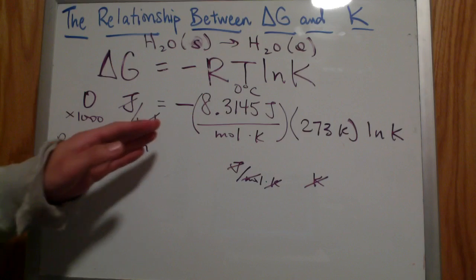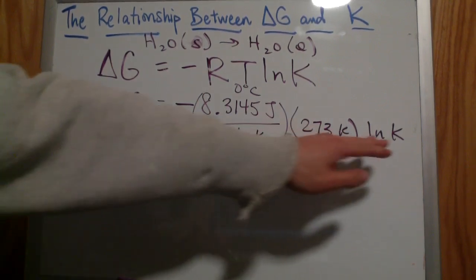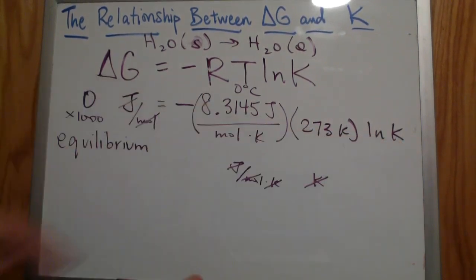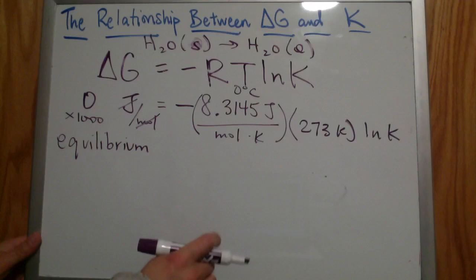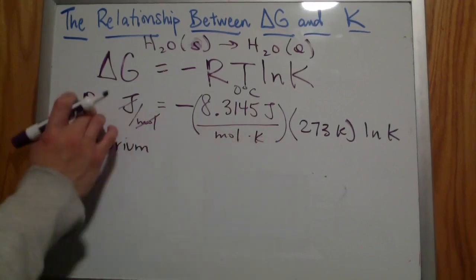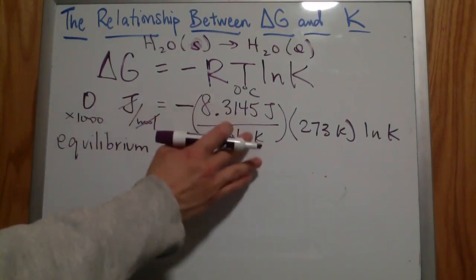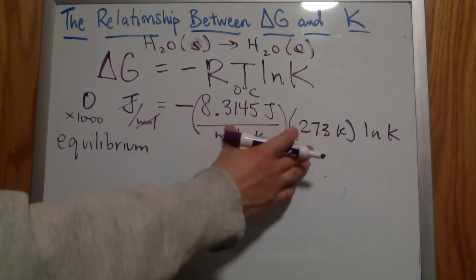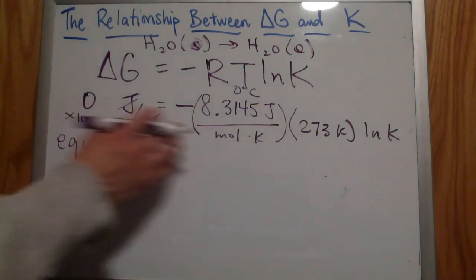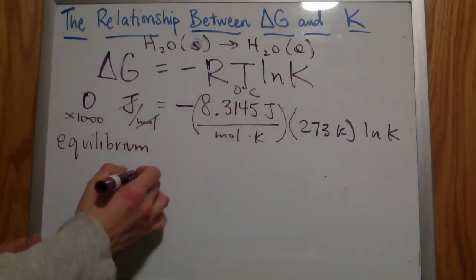Now, if we take a look here, all we have to do is solve for K by itself. In this case, we multiply everything over here, so negative 8.3145 and 273. So we divide both sides by that. 0 divided by all this is still 0.